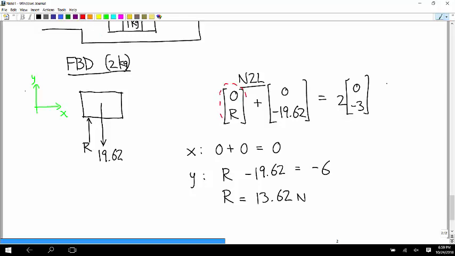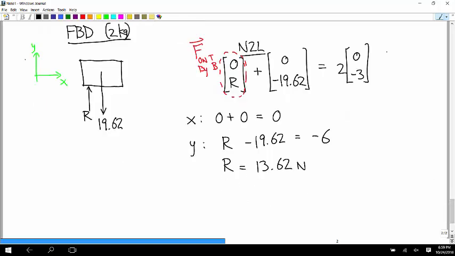And now this is the force on the top box by the bottom box. If you just substitute that value for R into that vector, the force on the top by the bottom is equal to 0, 13.62 newtons.